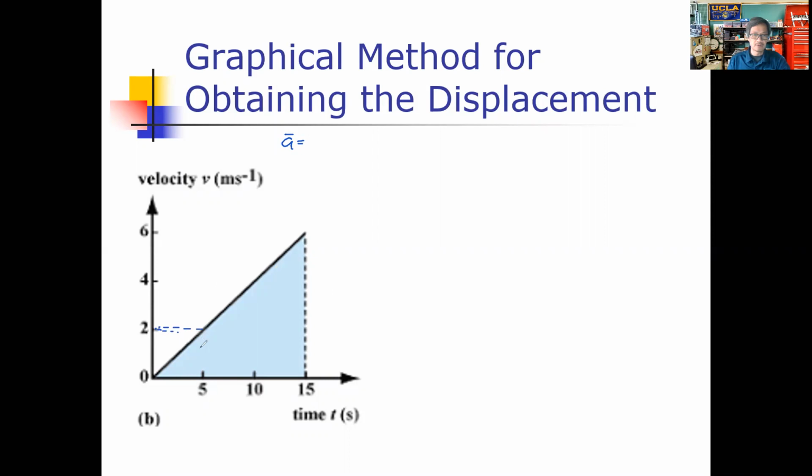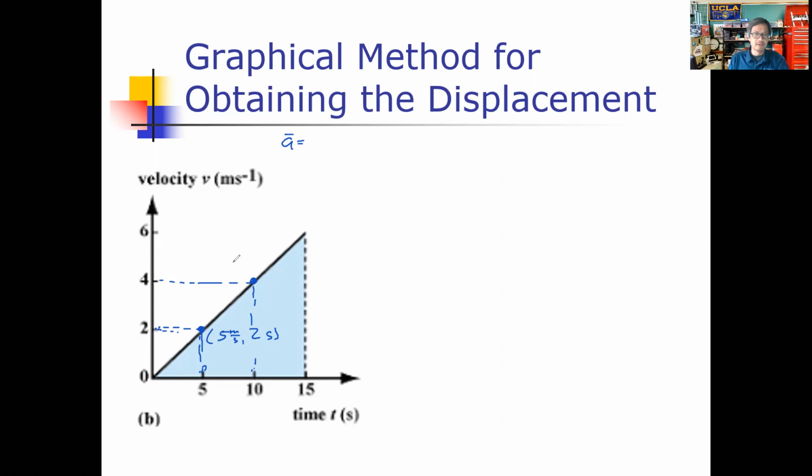So let's pick this point here. And I'm going to go all the way up here to 4 meters per second, and we'll trace this up here, and we'll get this point here.